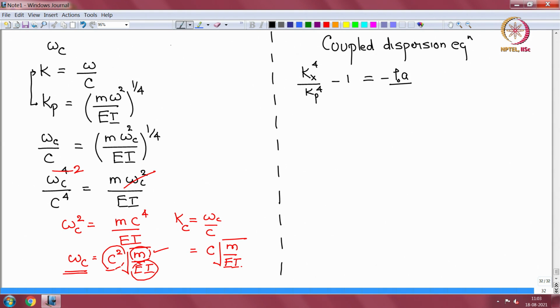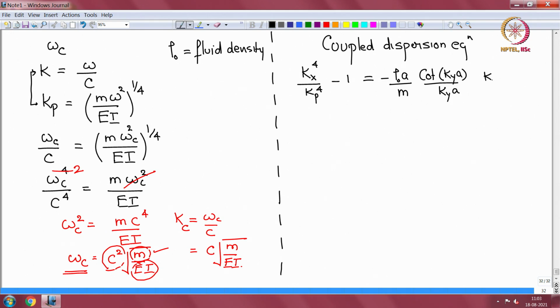Okay. So, rho 0 is the mean fluid density, not the acoustic perturbation density, it is the mean fluid density, okay, divided by m, mass per unit area, times cot(ky a) by ky a. Okay. And how are ky and kx related?